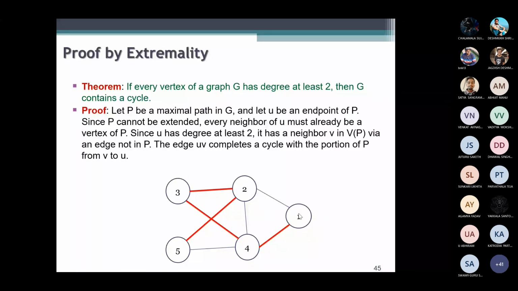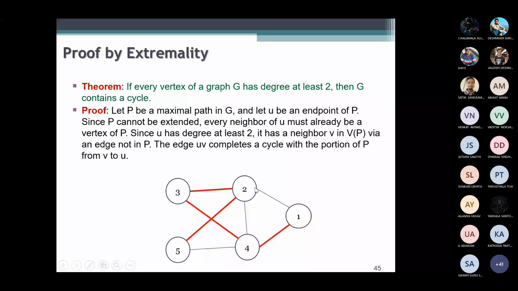Since G is a finite graph, we have a maximal path. This maximal path has two endpoints, U and V. Suppose I take one endpoint, say U is this endpoint, here it is 1. Now, given is every vertex of the graph has degree at least 2. So the degree is at least 2, suppose exactly 2. One degree is coming on the path, 1 4. Where will the other degree go? It goes to some other vertex, and that vertex must belong to this path.